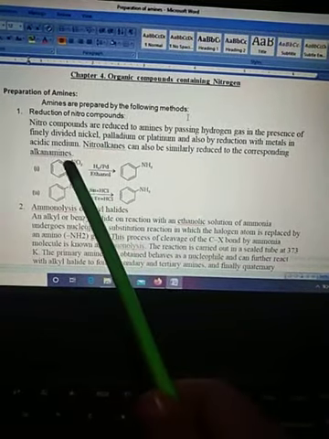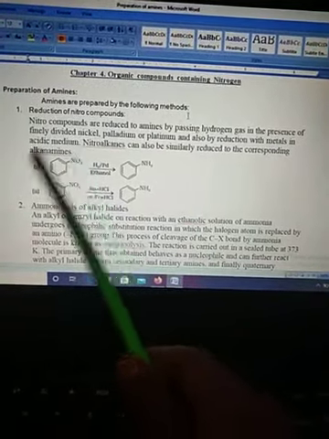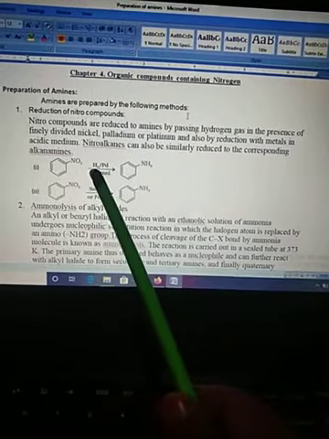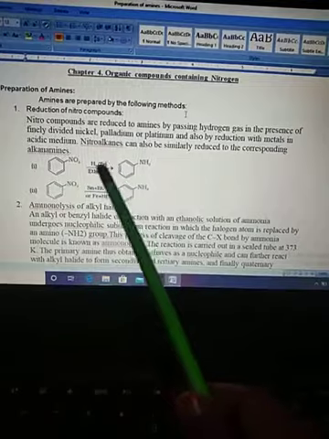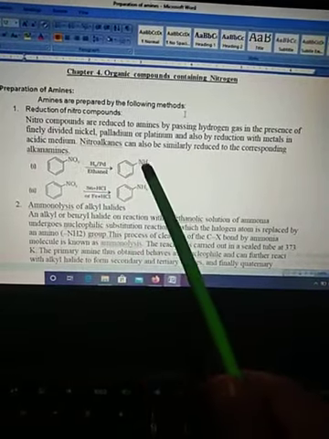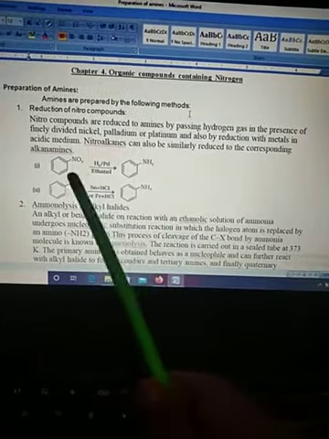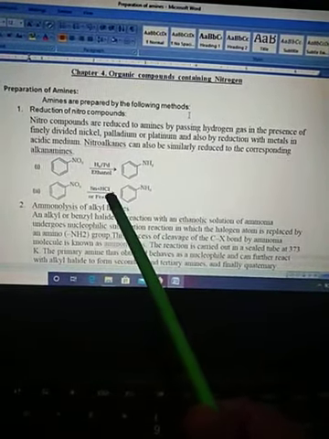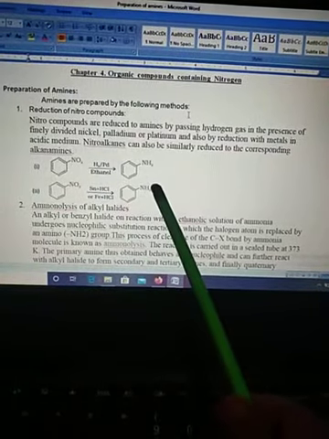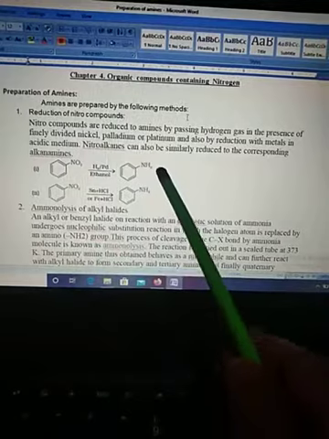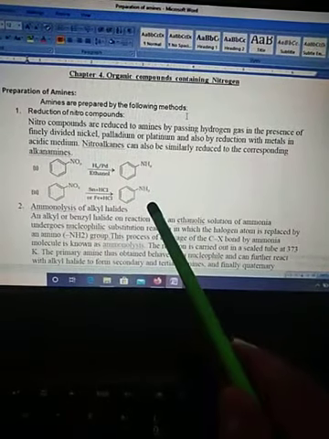Now if you take a nitro compound and treat it with hydrogen, with reduction in palladium in presence of ethanol, you'll get aniline. That means this NO2 group will be reduced to NH2. Similarly, instead of this, we can use tin and HCl or iron plus HCl. You'll get the NH2 group. So from nitrobenzene, we came to know that by reduction we can get aniline.